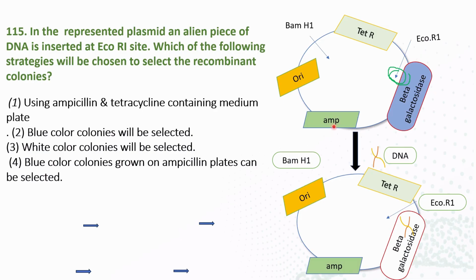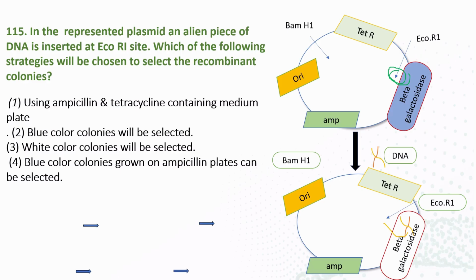Here you can say ampicillin and tetracycline and beta galactosidase are all there, but according to this question, ampicillin and tetracycline are not related to this answer. Why? Because the DNA is attached to the EcoRI site where the beta galactosidase enzyme is present.